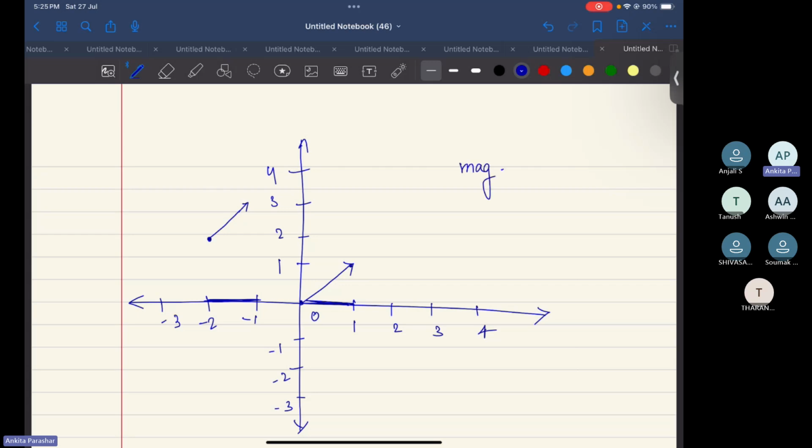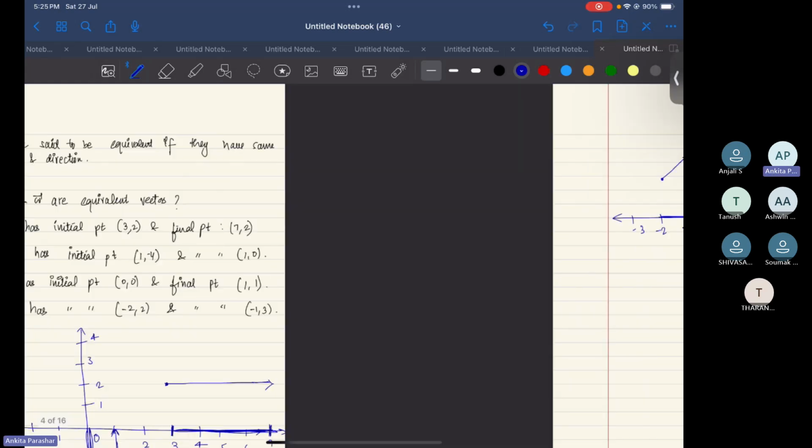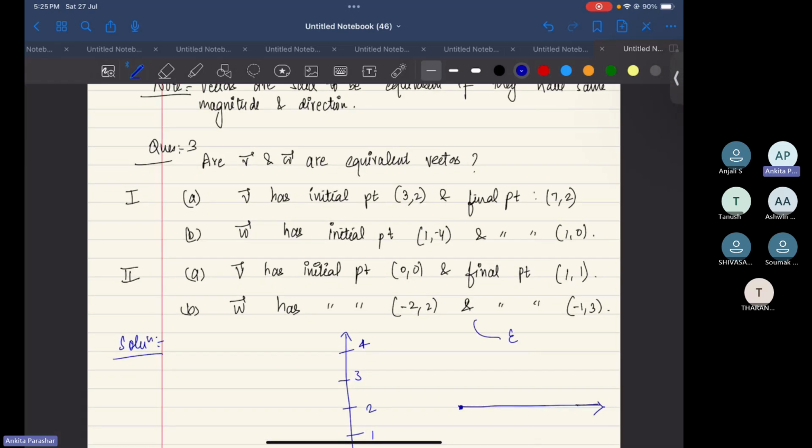So the magnitude is 1, and the direction is also the same. The vectors don't have to overlap. It can happen that one vector is here and another is there, but they have the same direction and same magnitude, so they are equivalent. So in this case, this part is equivalent, and this part is not equivalent. Okay, I hope this part is clear.